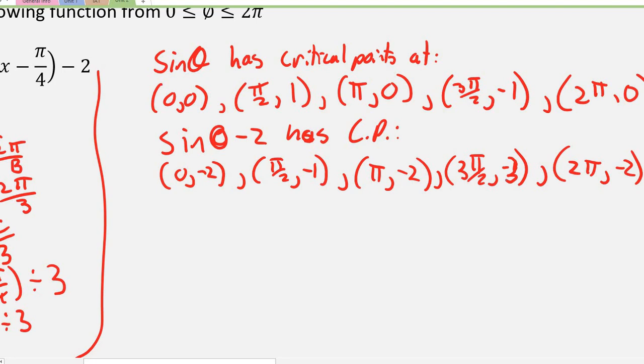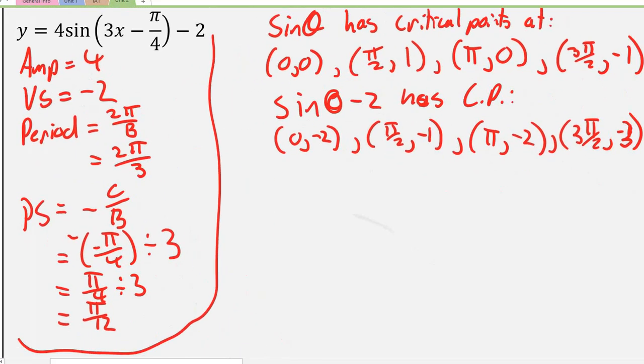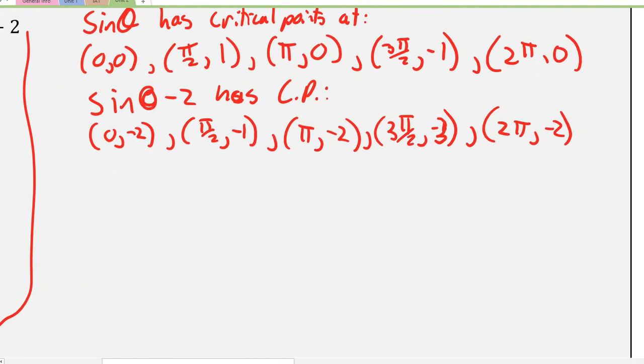Okay, let's do amplitude. Like I said, you can do this in one step. Just for this one, I'll show you separately. If I then make that, what was my amplitude, 4? Negative 2. My amplitude is 4. Where are my midpoints going to be? Are they going to change?